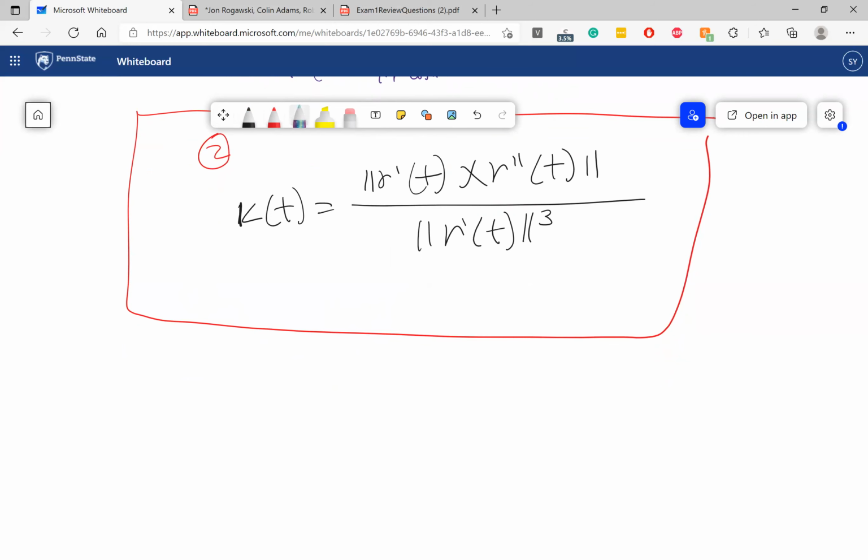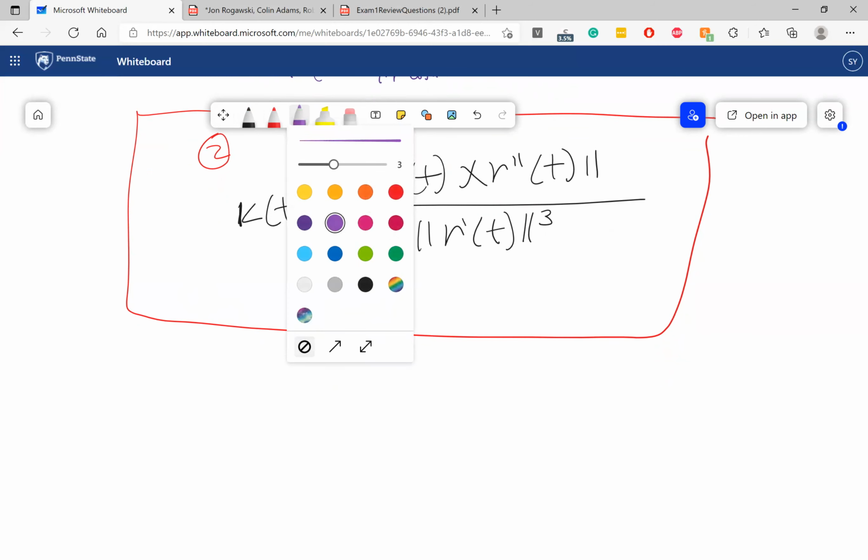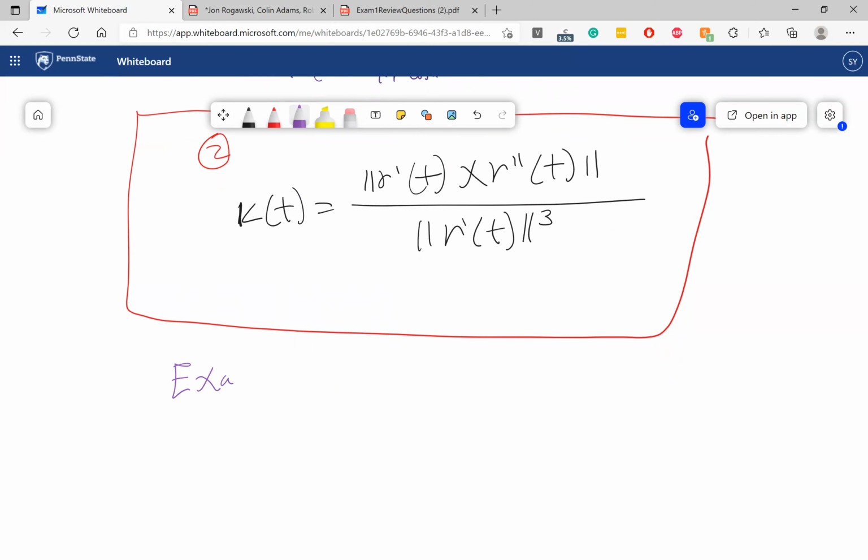So let's do an example. If we had a line, and this is then your R prime of t, and then our R double prime of t will be going in the same direction. Your acceleration, it will even just be 0. Well, depending on how you move along the line, but it'll be going in the same direction.